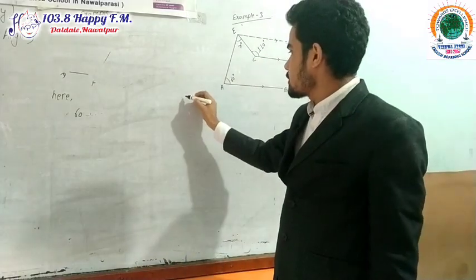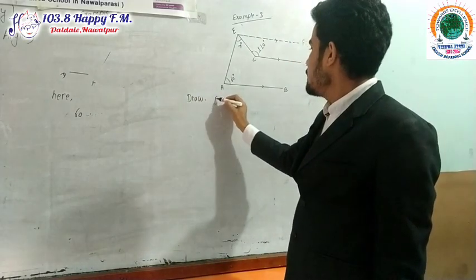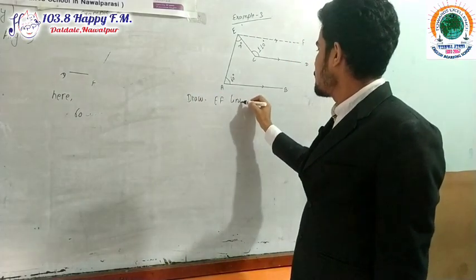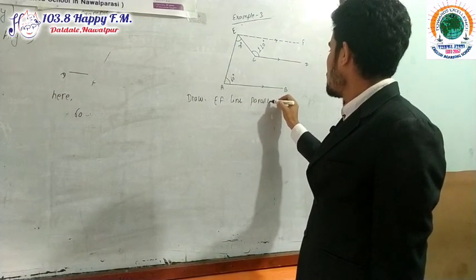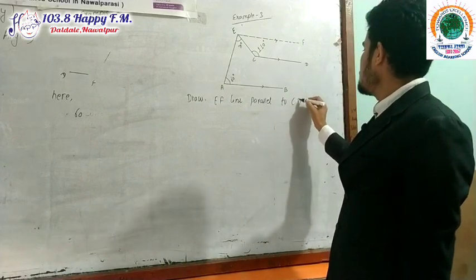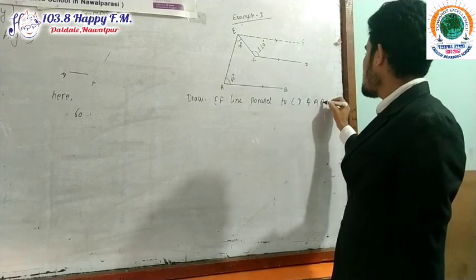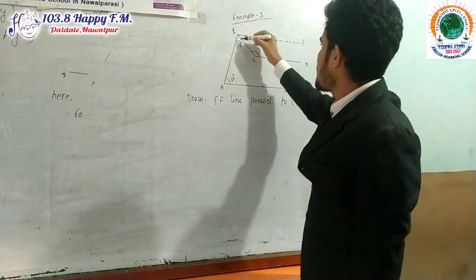So the construction is: draw EF line parallel to CD and AB, which are already parallel. One angle is formed, that is CEF.